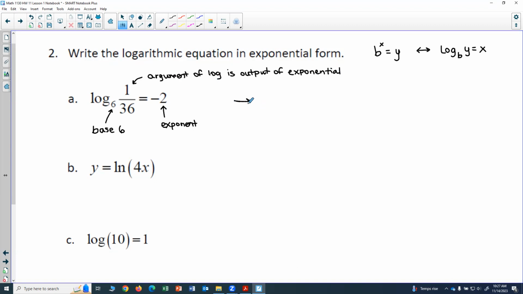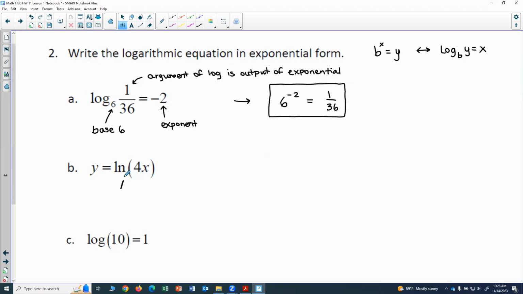So if I want to write this in exponential form, I'll have my base of 6. The exponent is the output of the log function, so 6 to the -2 equals whatever is plugged into the log, so 1/36. And that would be the exponential form of that logarithmic equation.